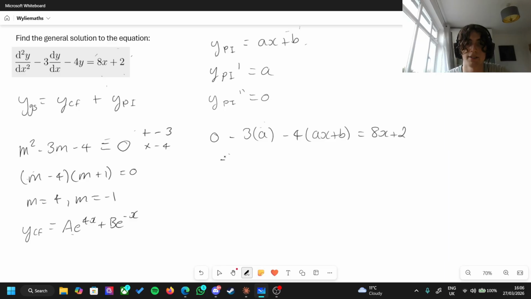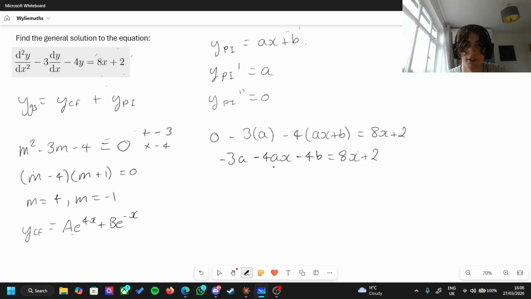So we have -3a - 4ax - 4b = 8x + 2. If you're confused about any of this, this is just the expansion of the left-hand side. Don't forget that this minus must also be distributed to your ax and your b. This is not -4ax + 4b, it is -4b.